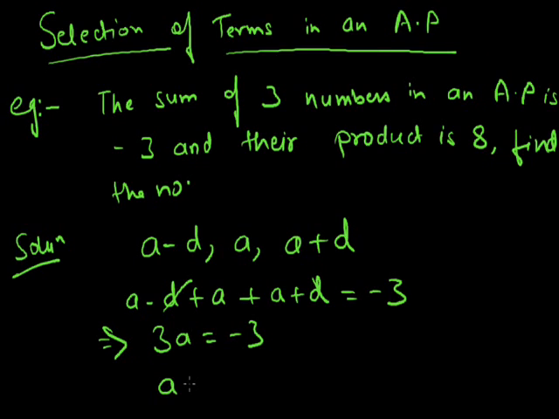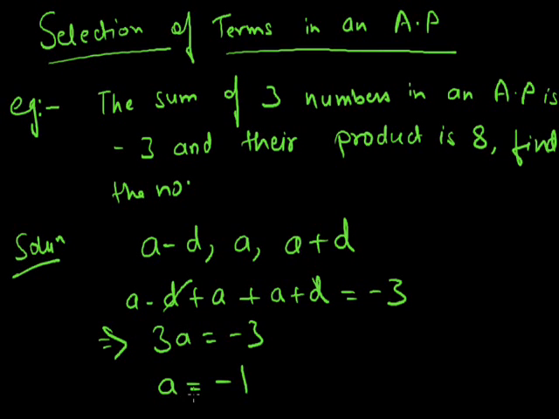So the value of A is -1. As we have taken A minus D, A and A plus D as the terms of the AP, it has made our calculation a lot easier, and we can easily find the value of A and the value of D.